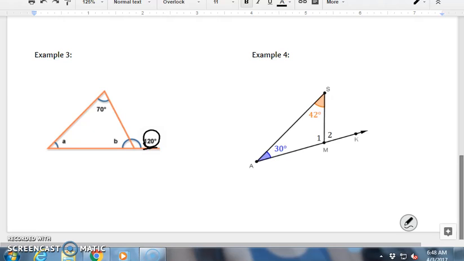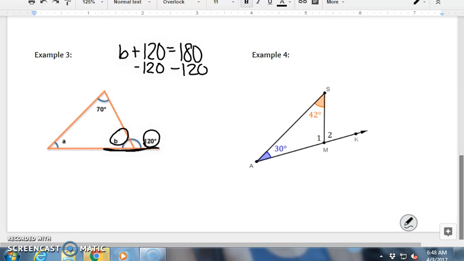Because I know that the exterior angle is 120, I can find angle B because those two together equal 180 degrees. So if I take B plus 120, that's going to equal 180. So a one-step equation, I solve for B, so I get B equals 60 degrees.